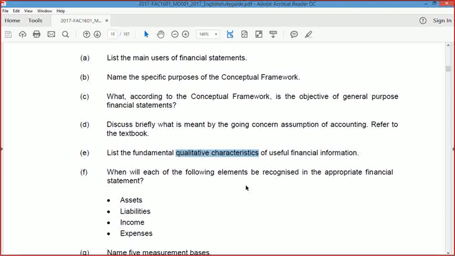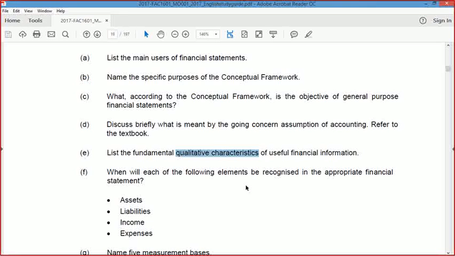They need to be accurate, reliable, relevant. What else? Easy to read. So easy to read, maybe understandable or comparable. They all need to follow the same rules. So that's understandability, consistency. That's qualitative characteristics.